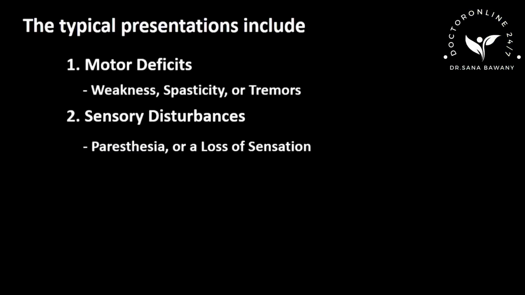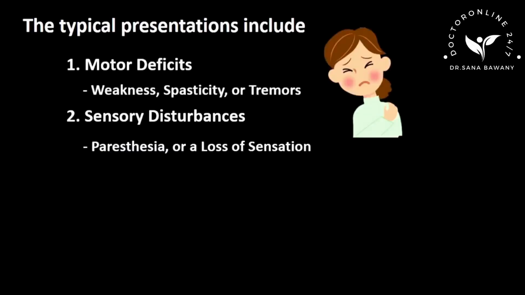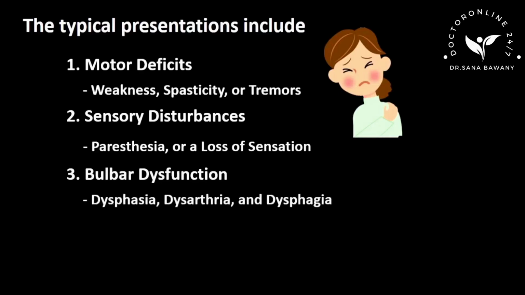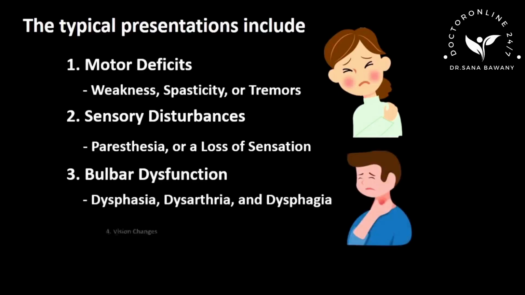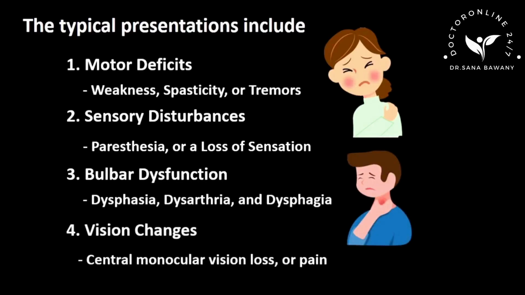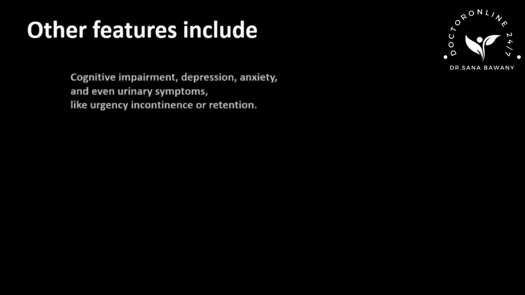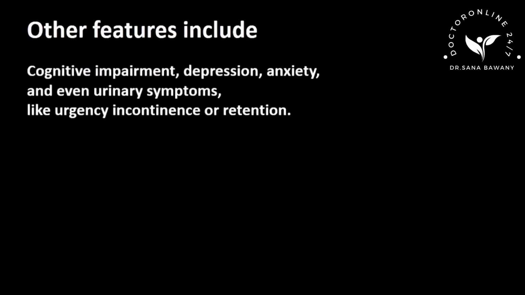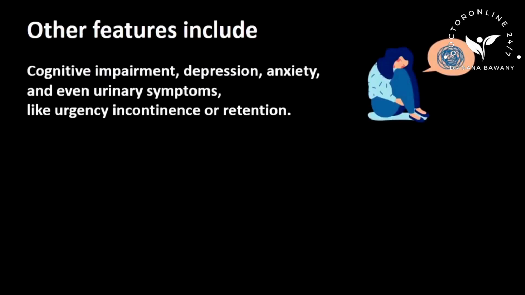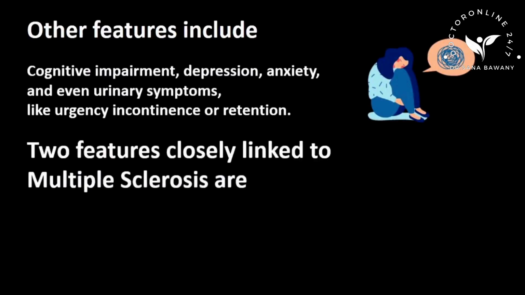Sensory disturbances like paresthesia or a loss of sensation, bulbar dysfunction like dysarthria and dysphagia, or even vision changes, especially central monocular vision loss or pain on ocular movement. Other features can include cognitive impairment, depression, anxiety, and even urinary symptoms, like urgency, incontinence, or retention.